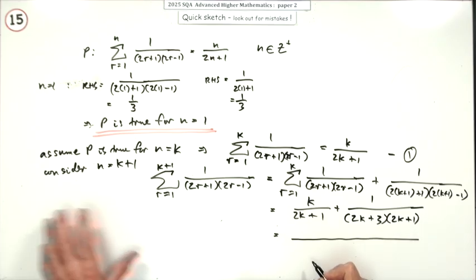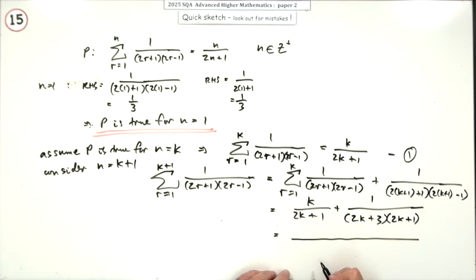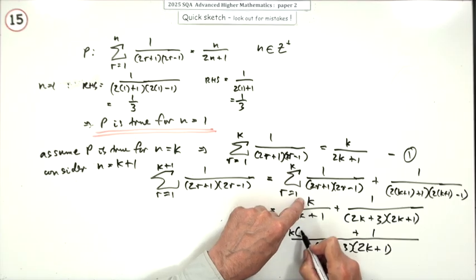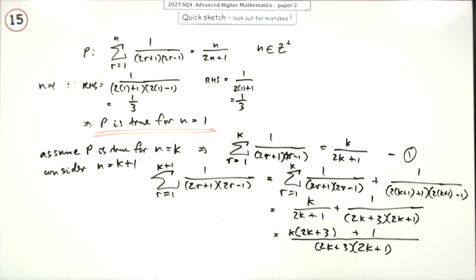Right, I'll just have to shift it up. Well, I've got a common factor there, so all I need for the denominator is 2k plus 3 times 2k plus 1. So I've got that already here, that's one of them, but this will need multiplied by this. So I've got k times 2k plus 3, plus 1. And now we need to shift it to get more space.